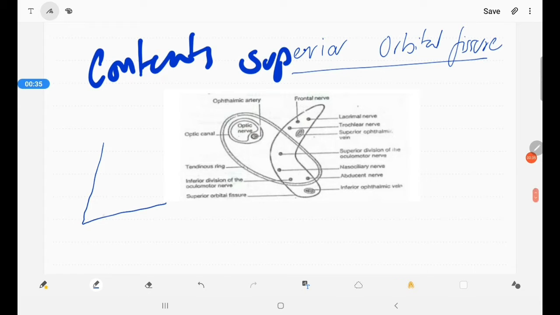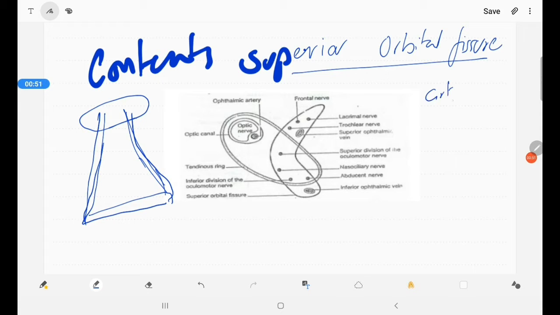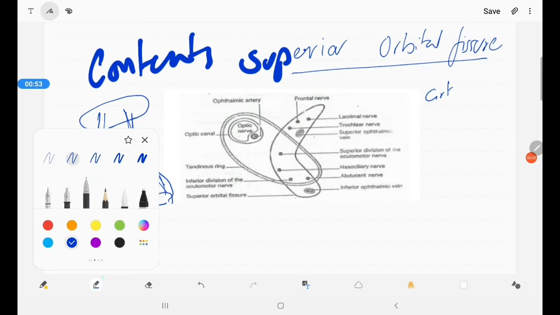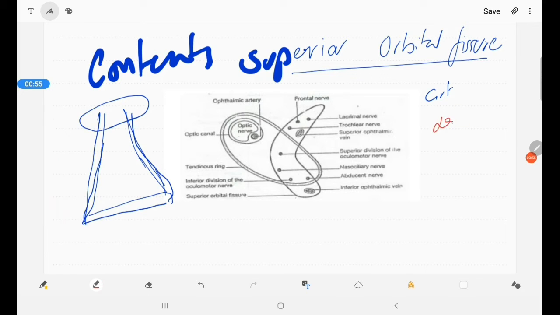We know the orbit is pear shaped. Towards its posterior end, it has an apical shape. Now, it is this terminal point wherein the superior orbital fissure is located. It is located between the greater wing and the lesser wing of the sphenoid bone.